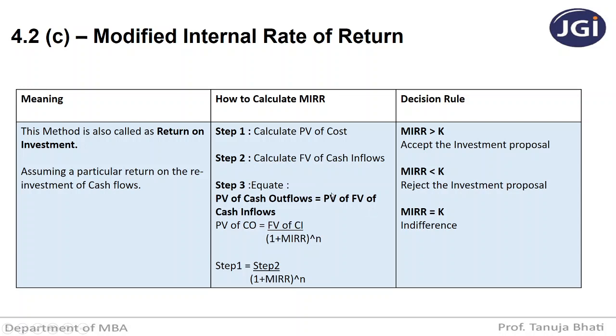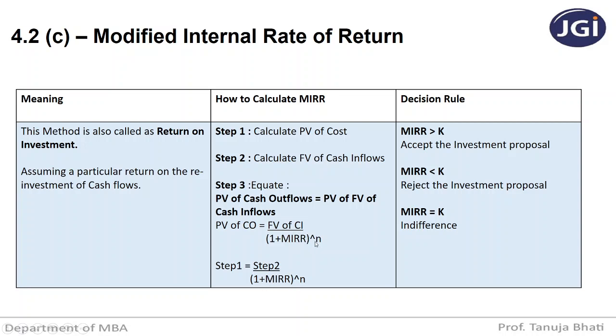That is nothing but step number 1 is equal to the present value of step number 2. If you substitute it, present value of cash outflows is nothing but the future value of cash inflows divided by (1 plus r) raised to n.